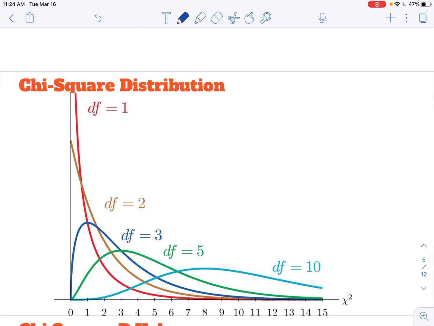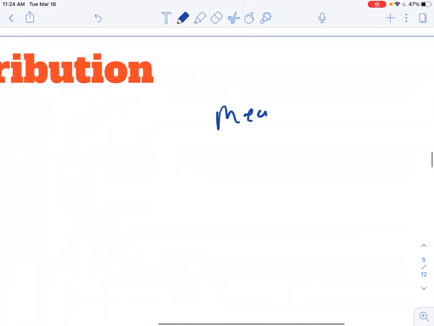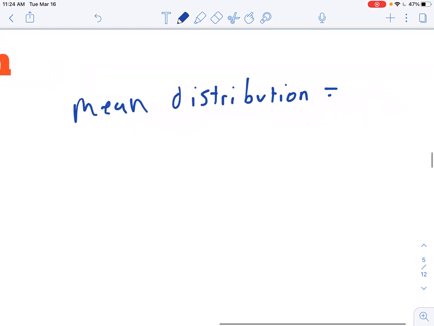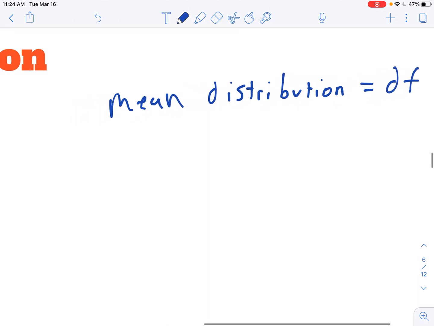Now, there are some interesting things about the chi-square distribution. The mean, or the average value of a distribution, is equal to the degrees of freedom.